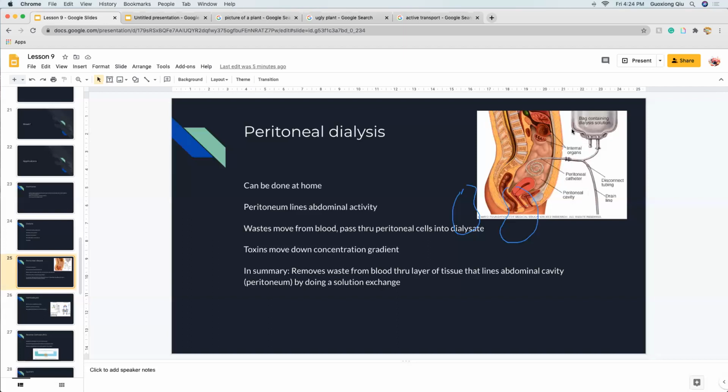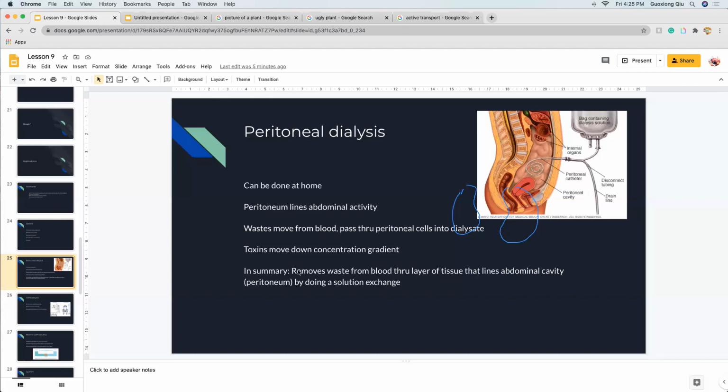If you have peritoneal dialysis, at the end of each day, you attach the dialysis machine to yourself, and then your blood filters through it, cleans itself, and then you detach it, and then you're good for the rest of the day. Yeah.